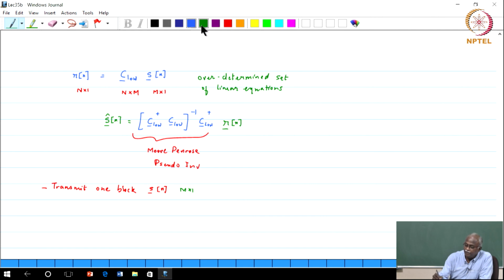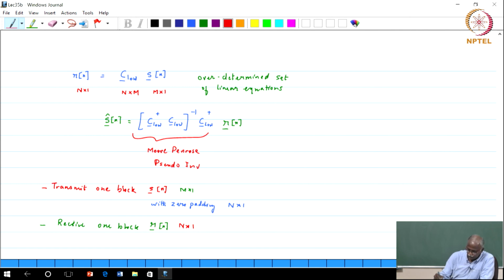With zero padding it becomes n cross 1, then it passes through the channel, and at the output of the channel I receive one block of data, that is R of n, which has dimensions n cross 1.